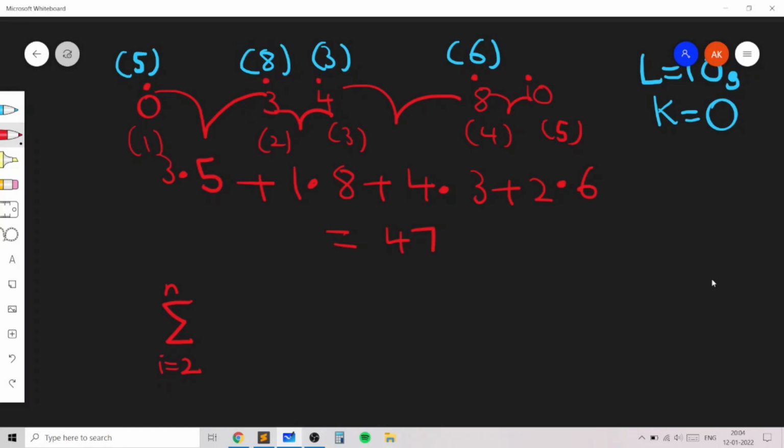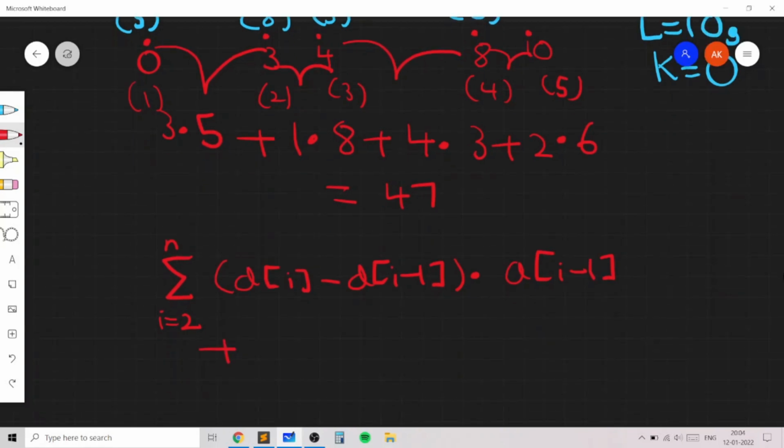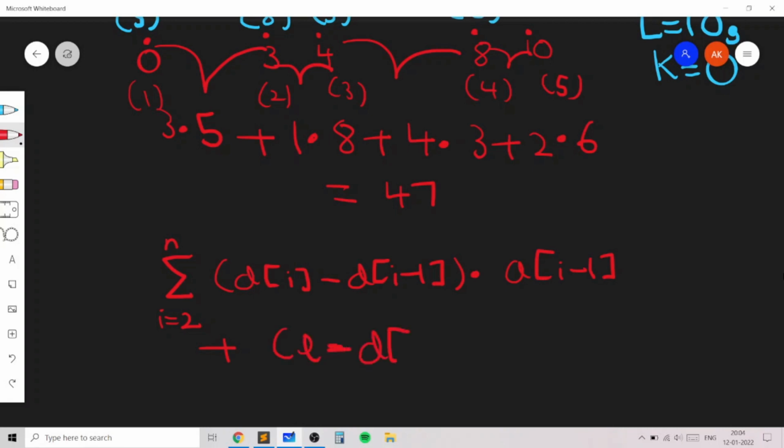So the length is given by position of I minus the previous value d of I minus 1 and into the speed. So the speed is given by a of I minus 1. We are doing this, and in the end we are also adding the last stretch. So the last stretch is actually like position of n plus 1. So the position of n plus 1 is basically L, the length, minus d of n into a of n.